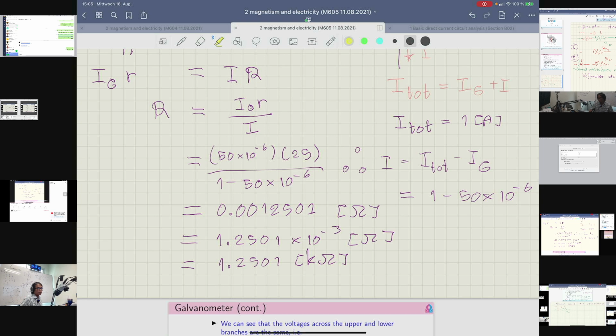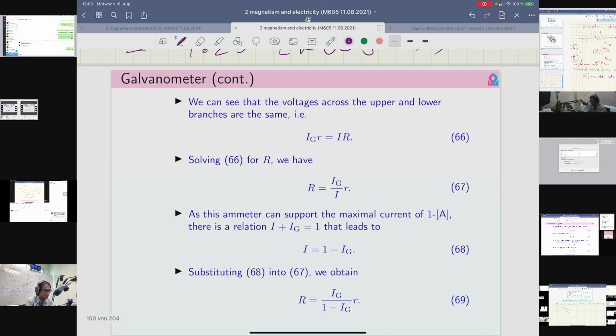This is the value you may find on the market easily. The other one is not convenient, you have to ask the factory to make it specially for you. We finished the example of the application of the galvanometer as the ammeter.